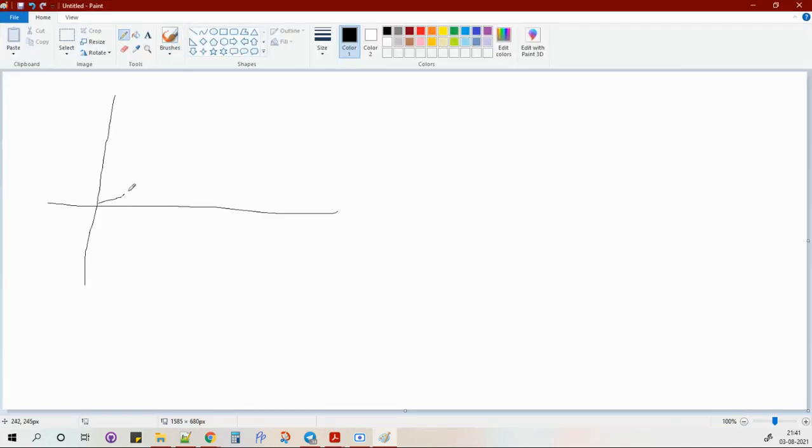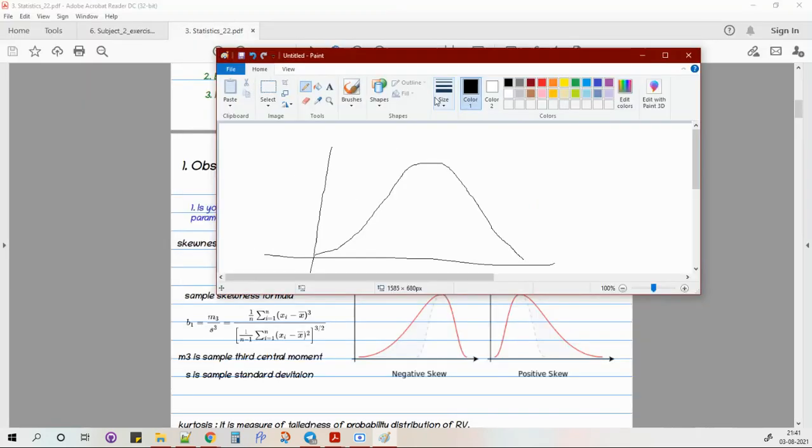So this would be nothing but the simple normal distribution, and it is symmetric about its mean. But in case of negative skewed data or positive skewed data, it would be something like this. Around its mean, it's not symmetrical. It is something like this, right? Or in case of negative skew, it is something like this, right?